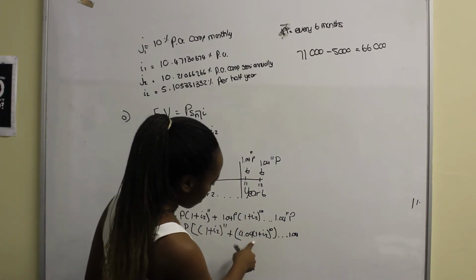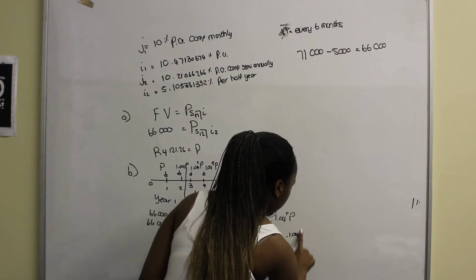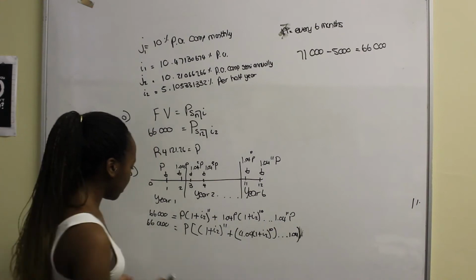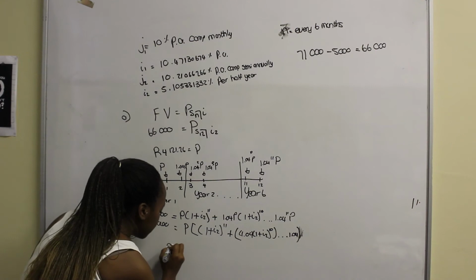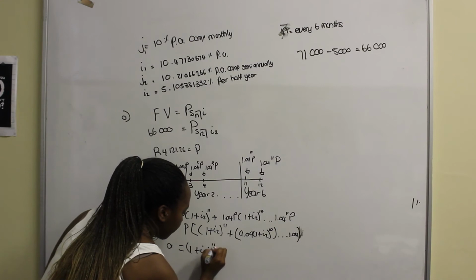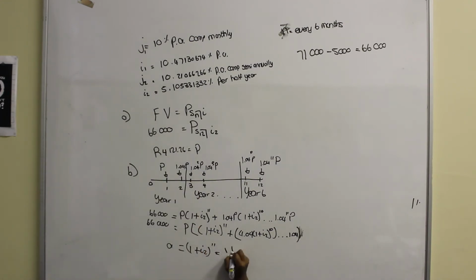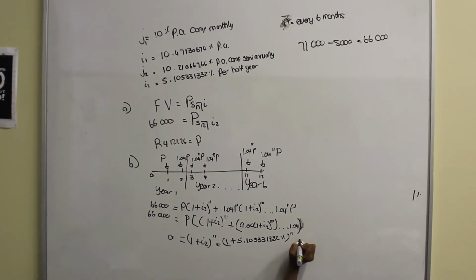This is the first term, and then this one, and we don't have one here because it's the last one. Our first term here is going to be (1 + i2) to the power 11, which is equal to 1 plus 5.105331332% to the power 11.